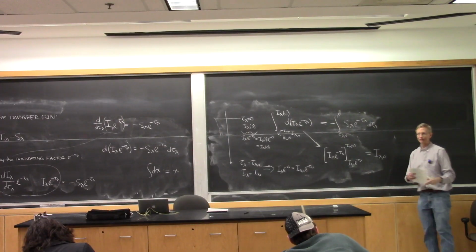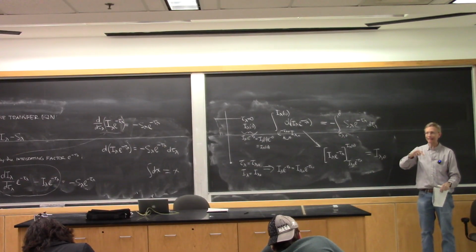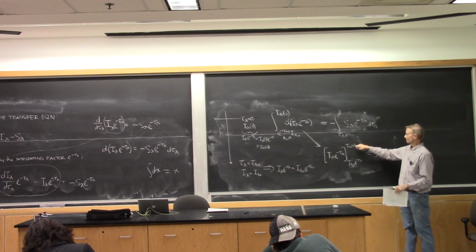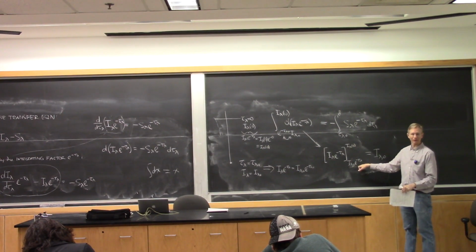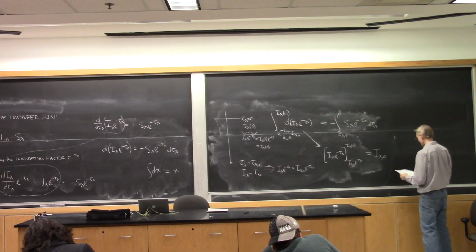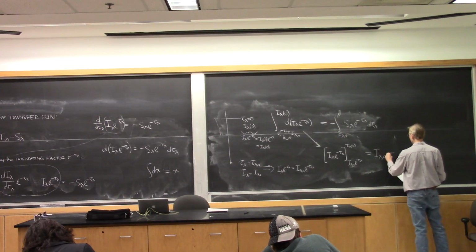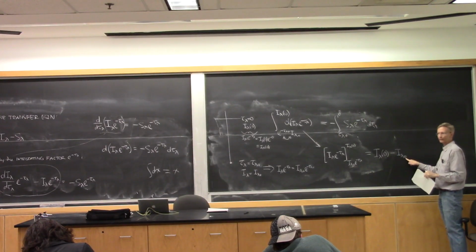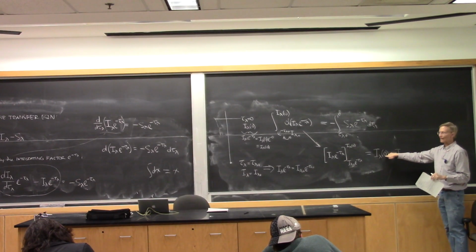If you evaluate x between b and a, it's b minus a. If you evaluate anything between upper and lower, it's upper minus lower. So in other words, we get I lambda naught minus I lambda of 0 minus I lambda naught. So understand this 0 means starting value, and this one means tau equals 0.